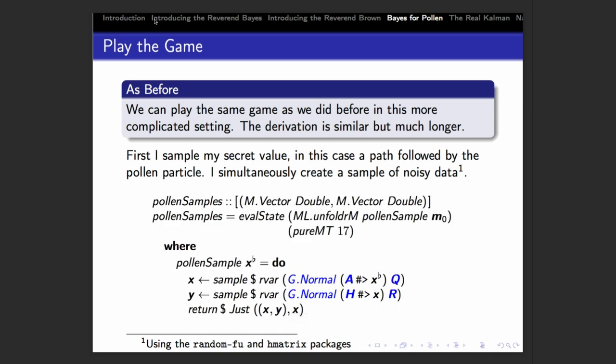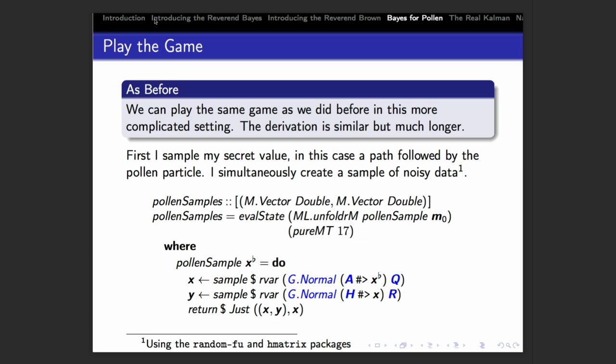So here we are. I'm taking the model we had above. I'm taking my old value of the state, multiplying it by the matrix, using the H matrix operator to multiply a matrix by a vector. I'm adding some noise, with the amount of noise described by Q. That gives me my new state of the system.